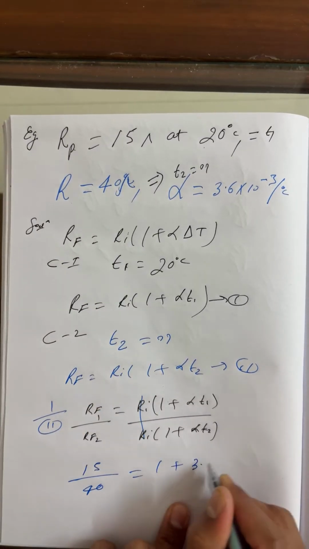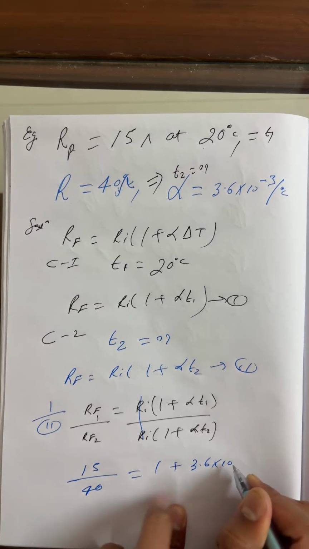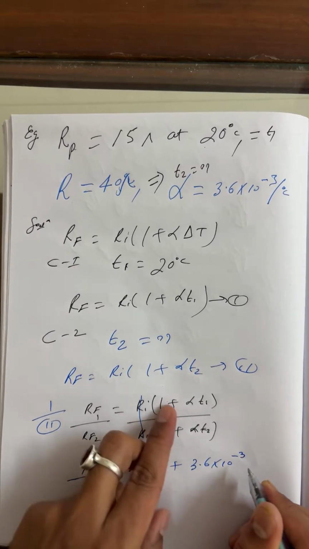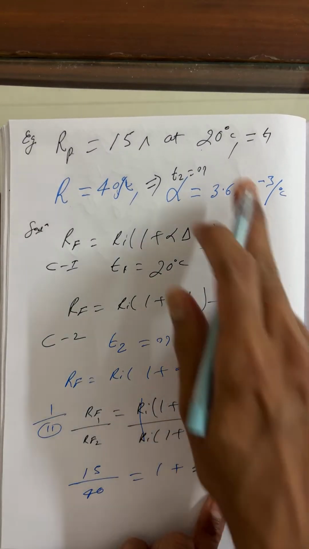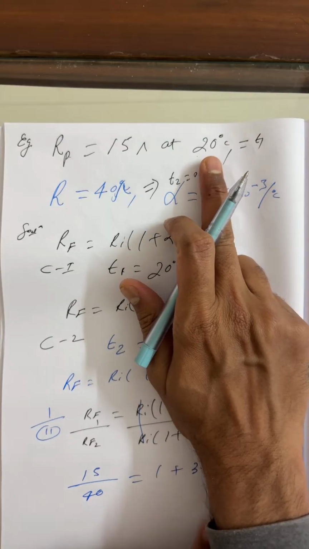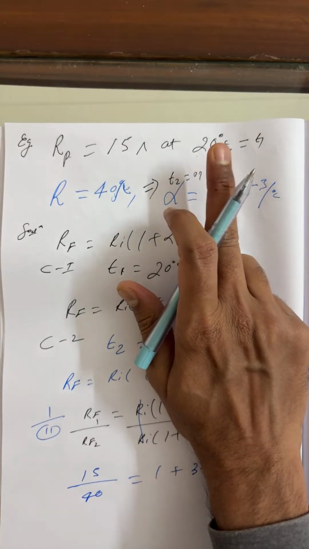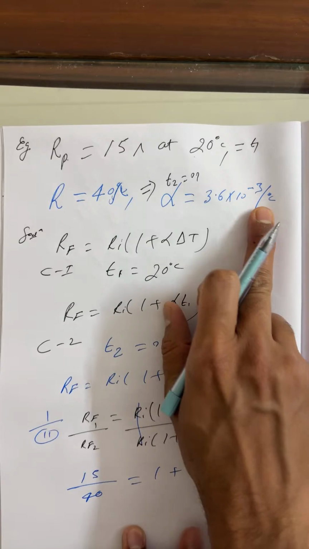Alpha is 3.6 into 10 to the power minus 3. T1 is mentioned as 20 degrees Celsius, so take it in Celsius only, because it is mentioned in Celsius.